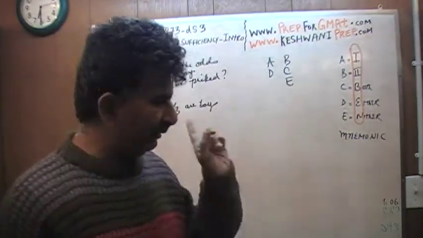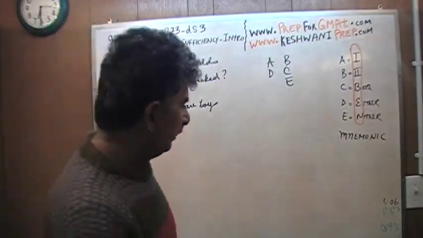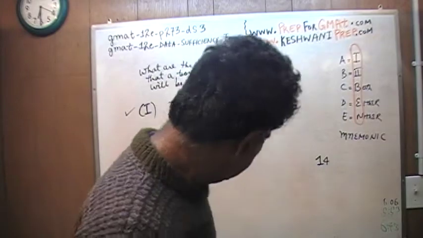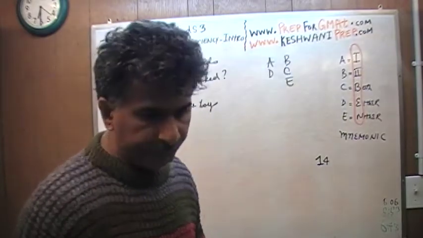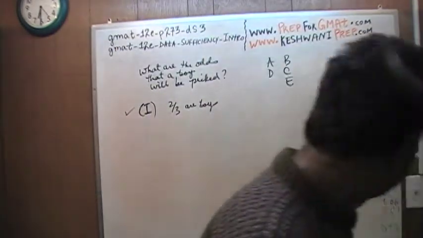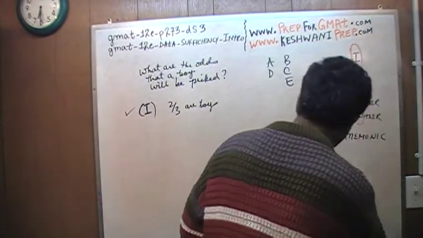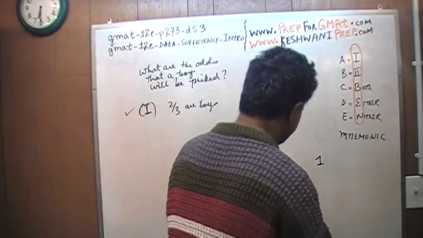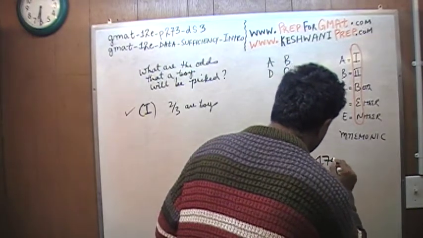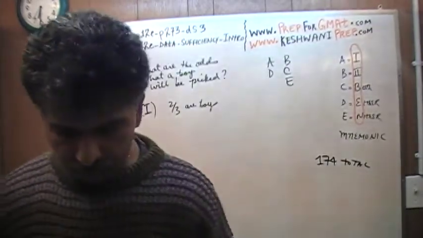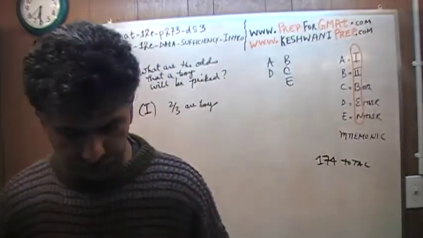As I also explained in my introductions, there are 174 total questions in this book, data sufficiency questions.